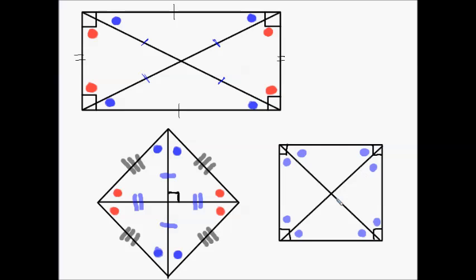Then this is also perpendicular because it's a rhombus. Then these lengths are all the same, and these lengths are all the same. So you can see squares get really special in that everything matches.